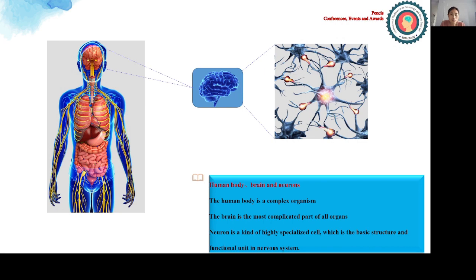Such powerful neurons have attracted wide attention from researchers in various fields.